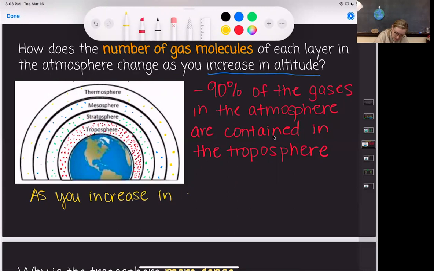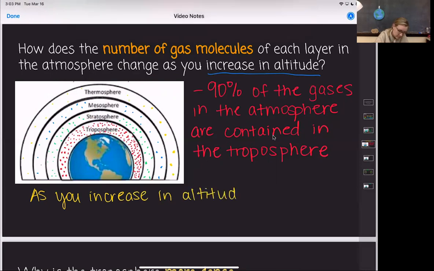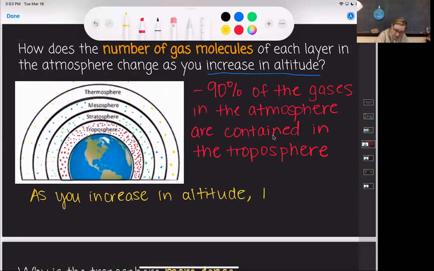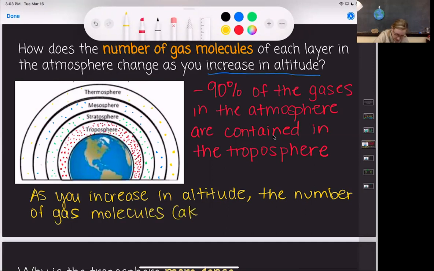Okay. So as you increase in altitude, the number of gas molecules, also known as mass, because it's the molecules that have mass, decreases, and it decreases very significantly.